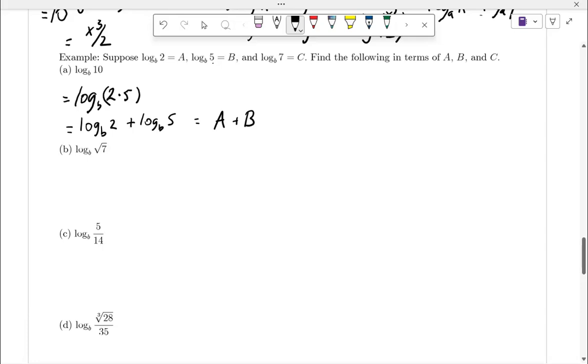What can you do in the next one? Again, we've got a square root. How can you always rewrite radicals? Yeah, as powers, right? The negative would be a reciprocal. The square root would be a 1/2 power. Why is that helpful here? What can you do with the 1/2?